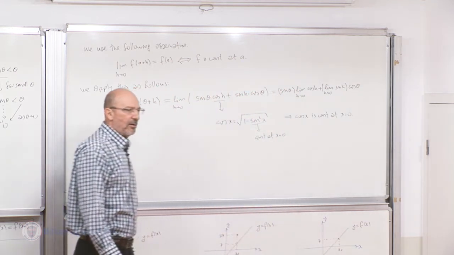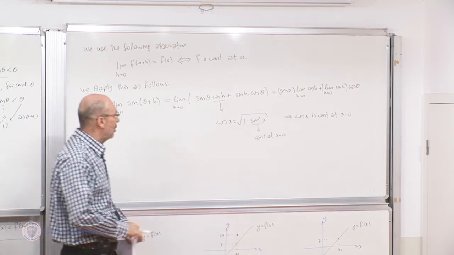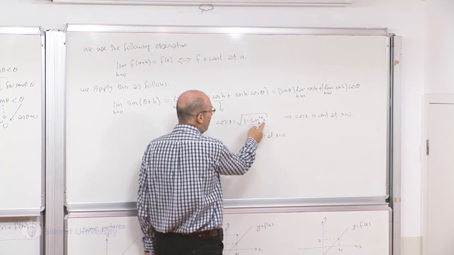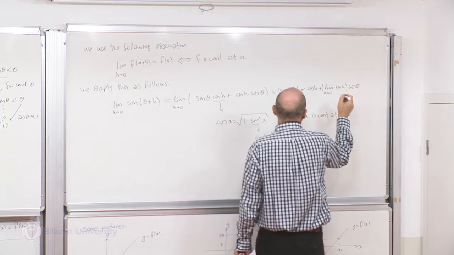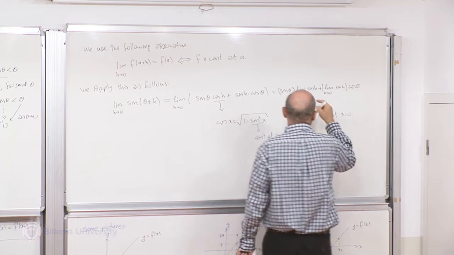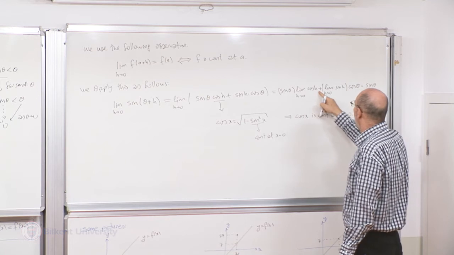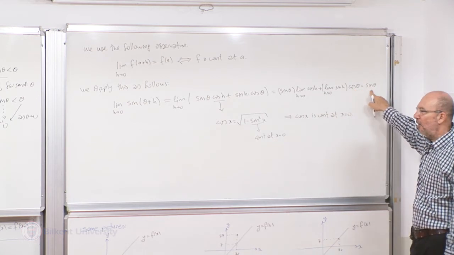Okay? Now that I break it into this, I can easily calculate, because I know that this limit is 1, because you take the limit here as x goes to 0, you'll get 1. Okay? So this is sine theta times 1 plus 0 times some constant. So we have just sine theta.